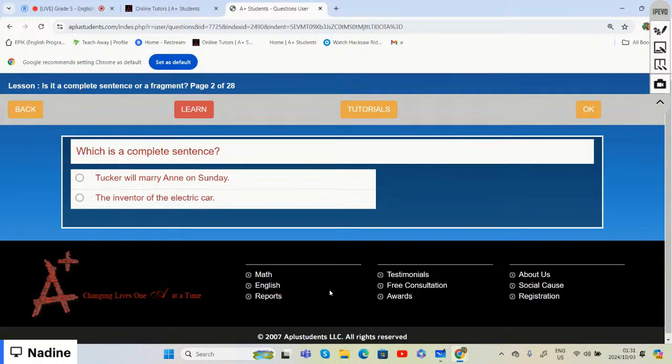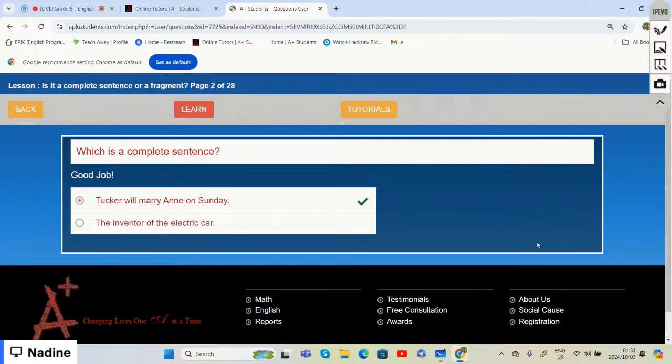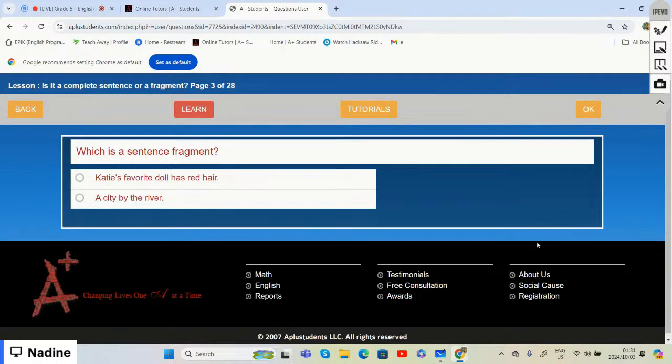All right. And if we were to choose the correct option, yes, we will choose option one, Tucker will marry Anne on Sunday. Well done. Option one is correct.